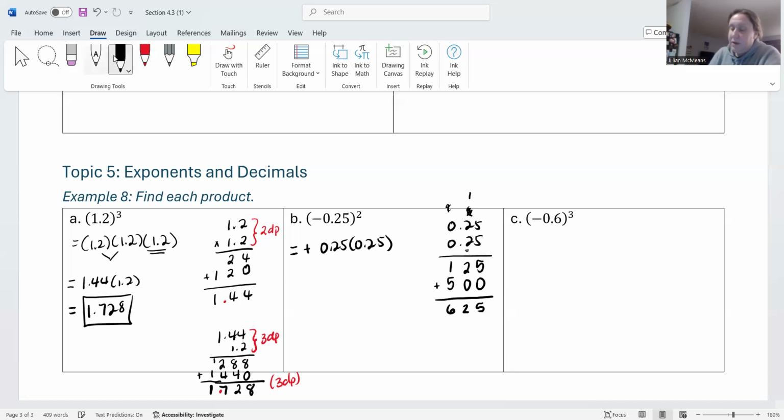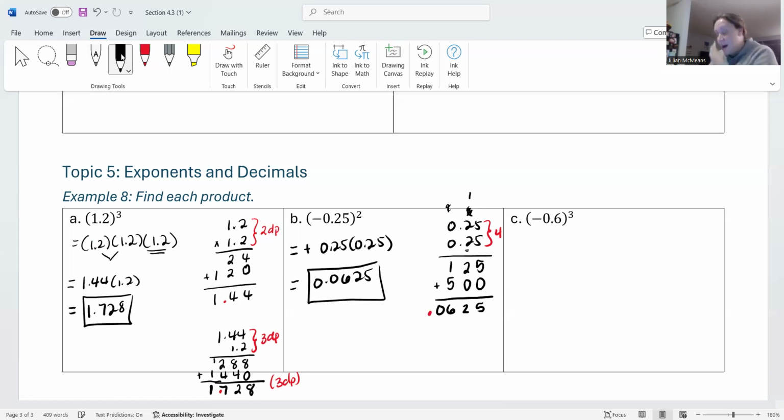And let's figure out the decimal places. So 0.25, I have 2 decimal places, but I have it twice. So that's a total of 4 decimal places, which means I need a product with 4 decimal places. So my final answer here is 0.0625, and it is going to be positive because I have an even exponent, so I get basically a negative times a negative, which makes it positive.